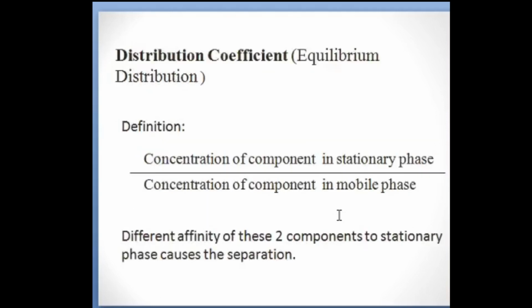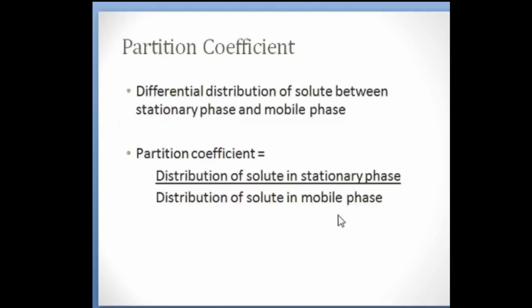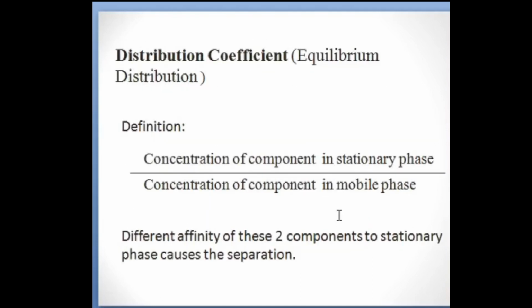The only difference between these two is that the distribution coefficient is mainly for ionized molecules, whereas the partition coefficient can be of any, ionized and unionized also.